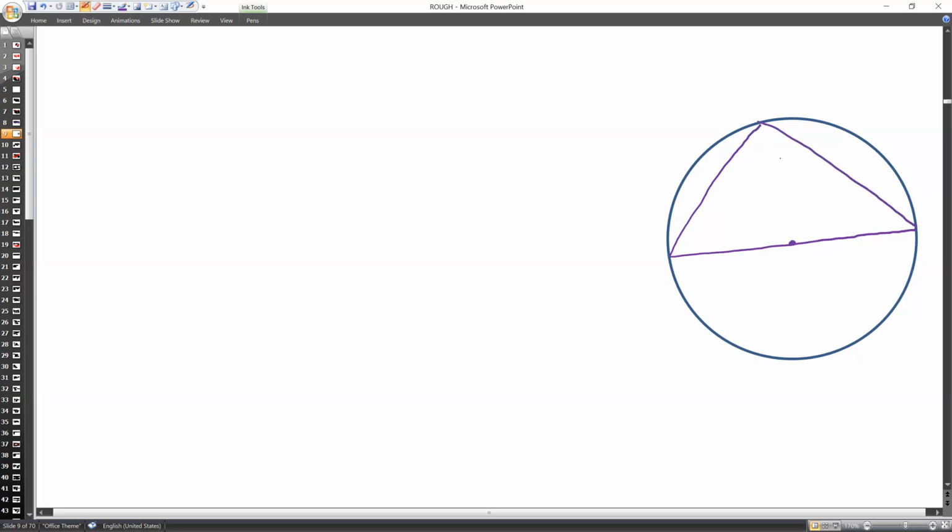This is 90 degrees. Here, if it is making like this, it will also be 90 degrees. If it is making like this, it will also be 90 degrees. All these angles will be 90 degrees. You understood this one?